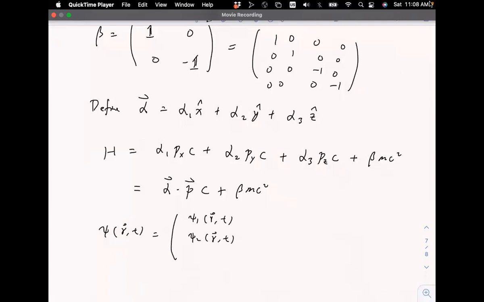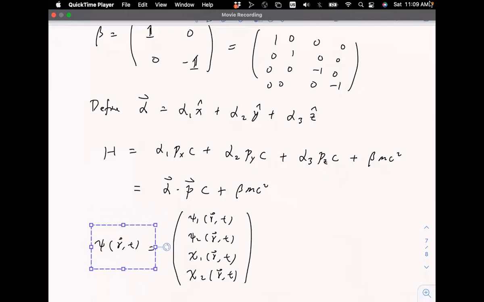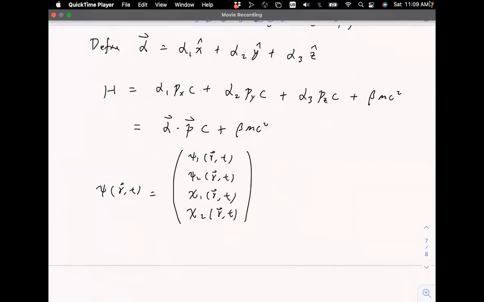And here I use a different name, chi 1 or chi 2. Okay, so basically, in order to accurately represent the electron, the wave function needs to have 4 components.